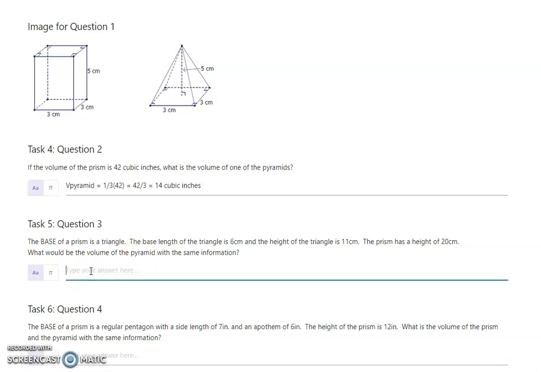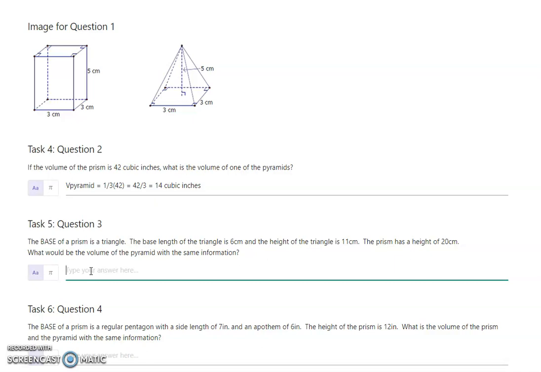And problem 3, the base of the prism is a triangle, and the base length, the base here I use lowercase b, so the base length of the triangle is 6, the height is 11, so the prism also has a height of 20. So what is the volume of the pyramid with the same information?